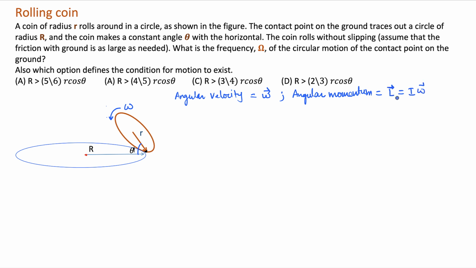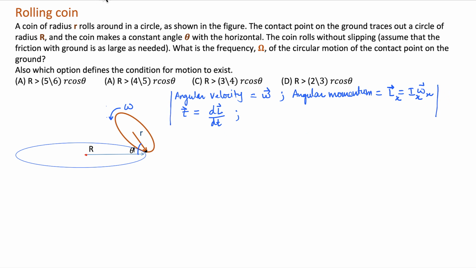And if angular momentum we are writing in some direction, let's say x, then I is also in the direction of x. And omega is of course in the direction of x too. Now what is torque? So torque is nothing but rate of change of angular momentum. So this is defined as dL by dt. So this is a basic concept that we must remember while solving these kind of problems.